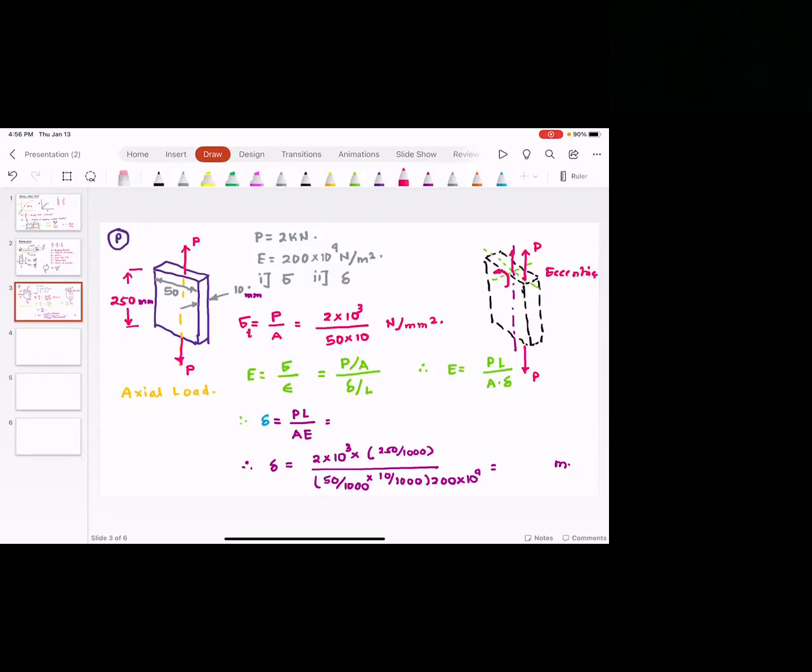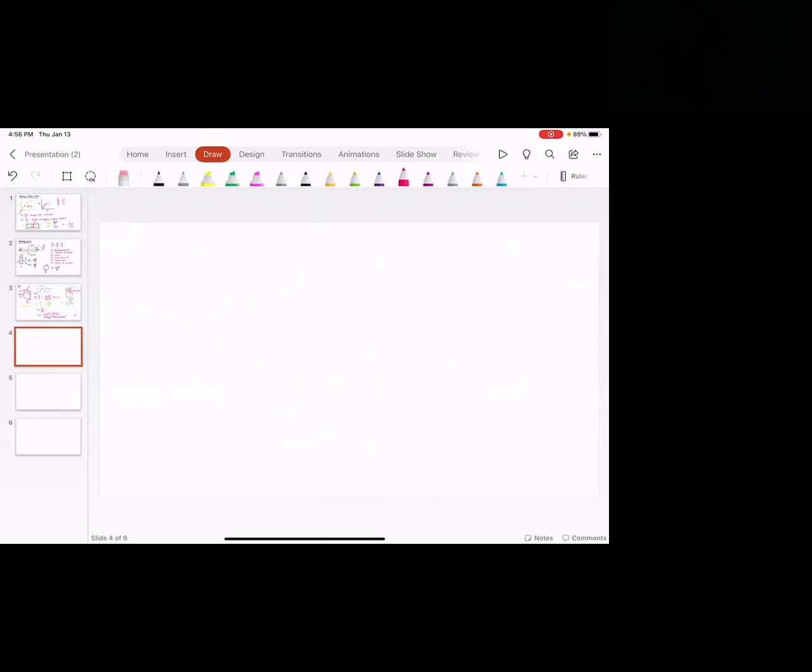So I'm going to solve this problem again. Next problem, same thing. Now I will say find the stresses, wherein instead of the load going to the center line, the load is eccentric.